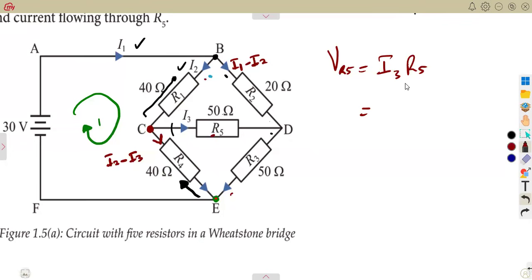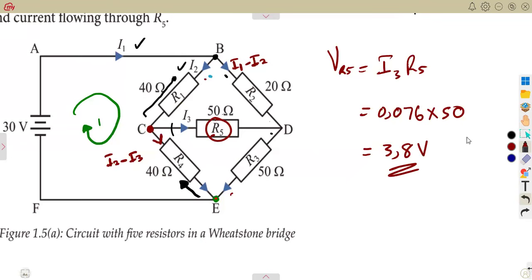Currents are the ones that are affected by that negative, because the direction is important in those currents. But here we just need the voltage drop, so ignore that negative. That's 0.076 times the resistance, which is 50 ohms for R5. So that was going to give us the voltage across R5, which is 3.8 volts.